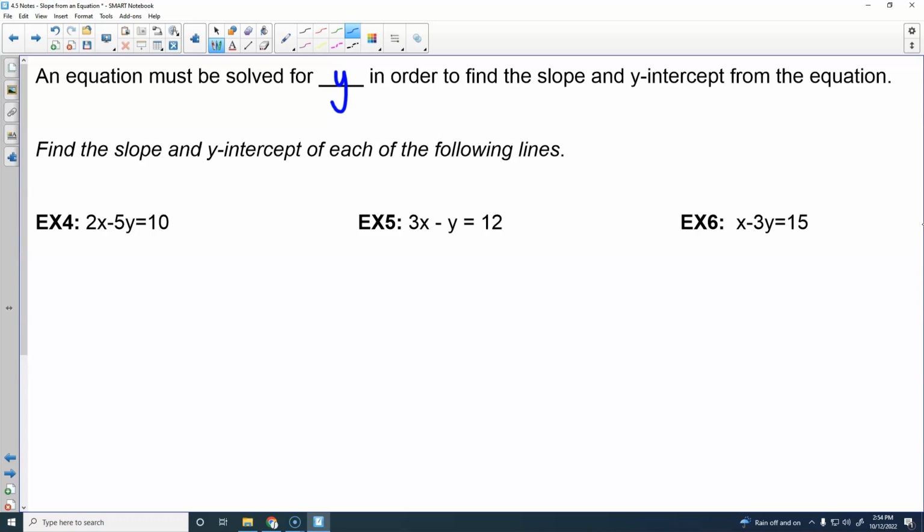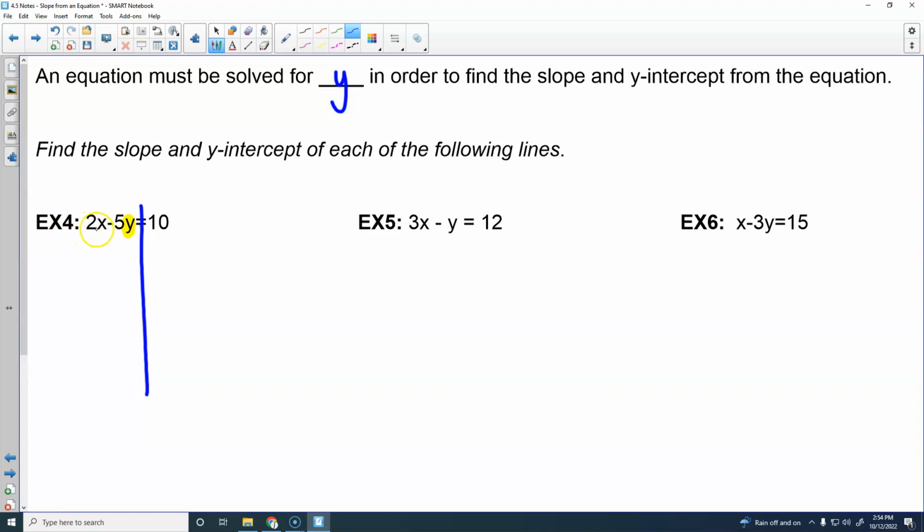So what you have to do is you have to get that y by itself. Okay? So if we look at example 4, I'm going to draw a line down through the equal sign here. And this y right here, that's what I want to solve for. So I'm trying to get that y by itself. When I solve an equation, I want to start furthest away from the y, but on this side, right?